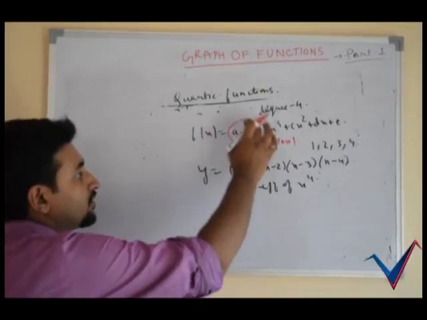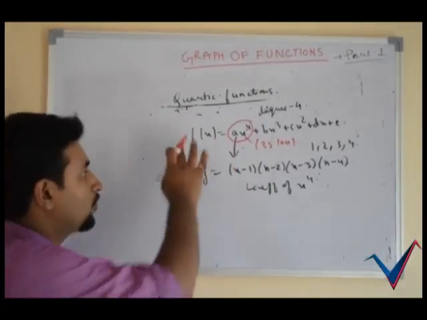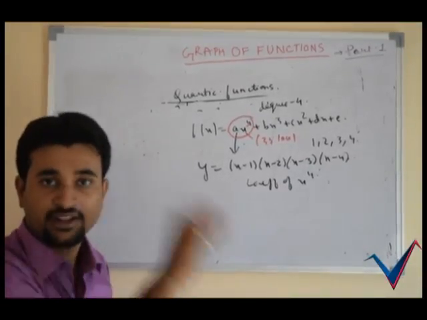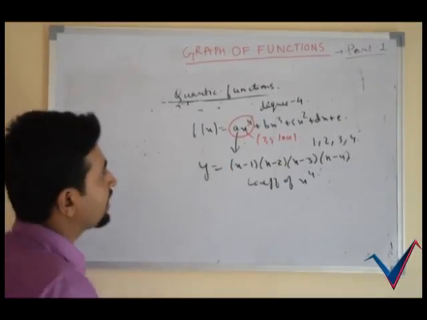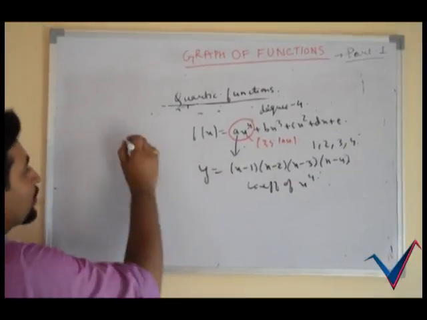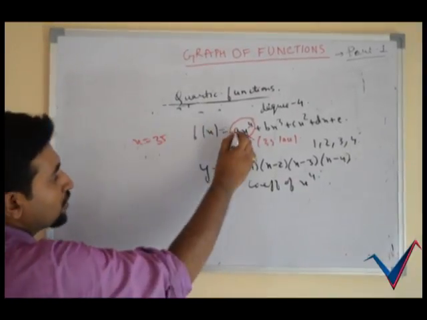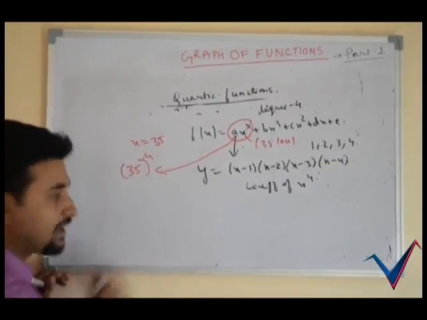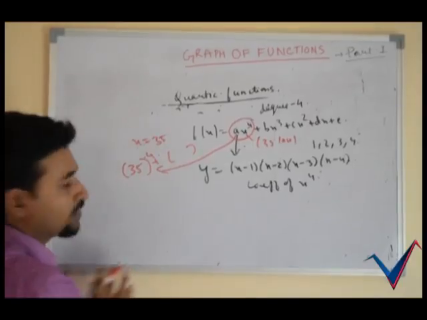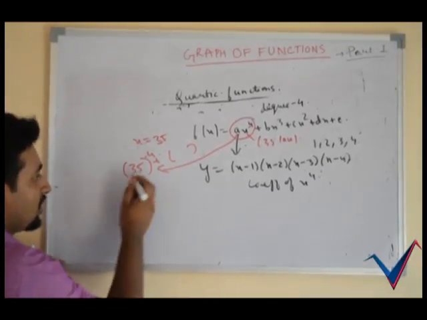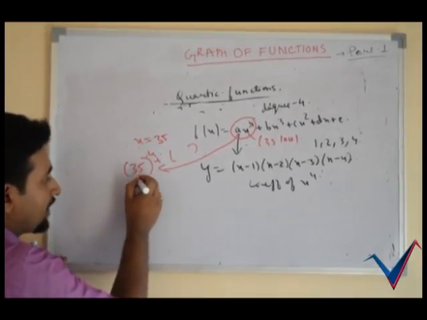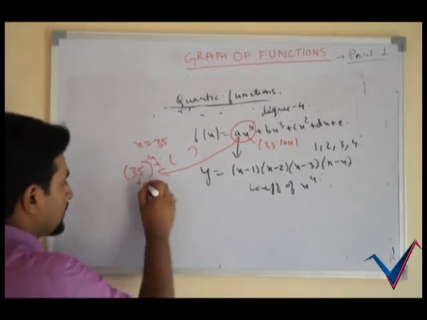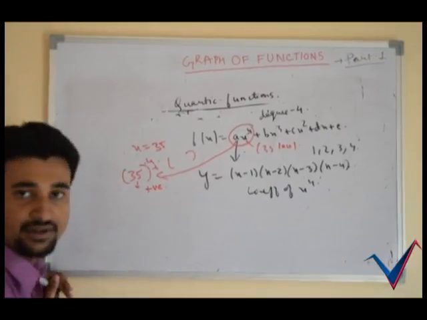When it is positive, then the whole function will be positive at a very large number, like we saw in the case of cube. So similarly here, suppose you take x equal to 35 lakhs. This would simply become 35 to the power 4 plus the rest of the terms. Here 35 to the power 4 is always positive, so it will be positive.